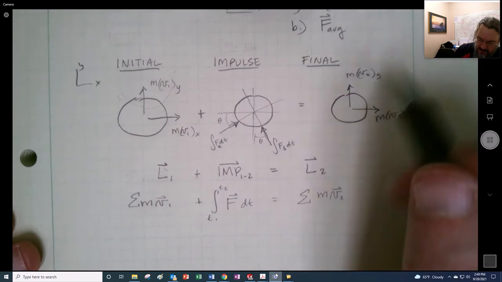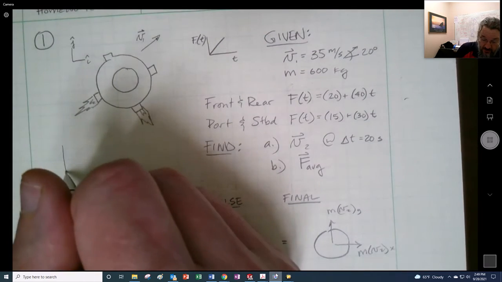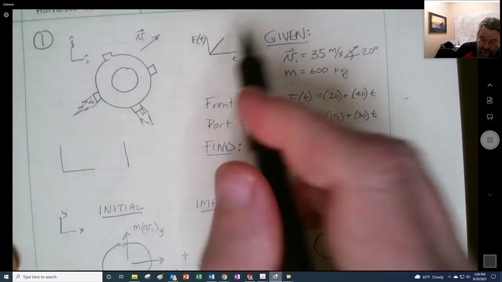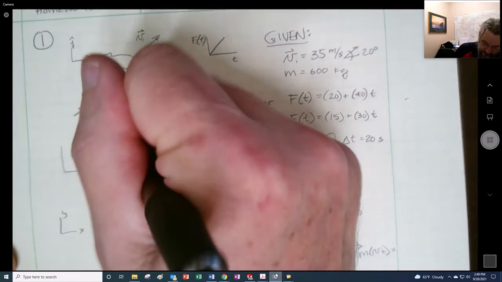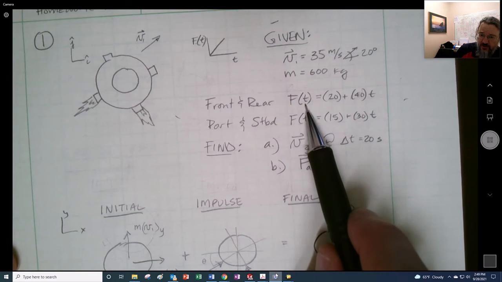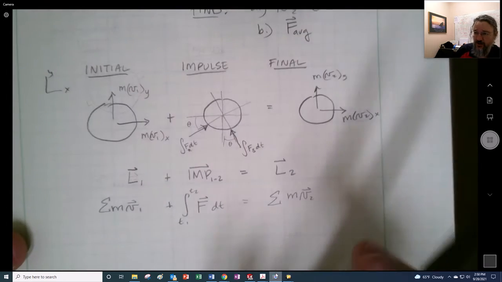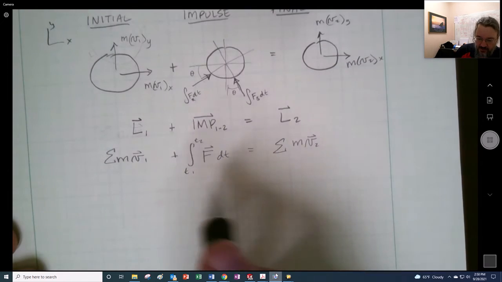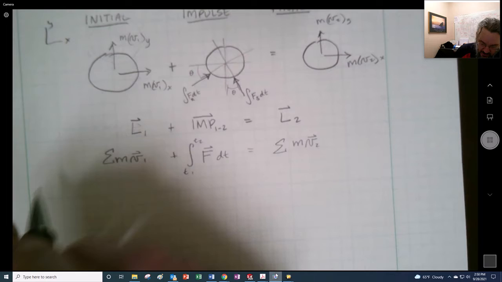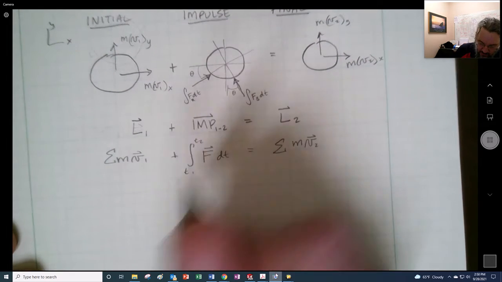Because we have the nature of this thing, that we have two separate graphs. Oh no, I wrote them, I did the graphs up there already. I need to integrate this. This is a function of time, and I need to integrate that, which is to say I need to get the area underneath it. But let's go ahead and integrate the forces, so to get the impulses.